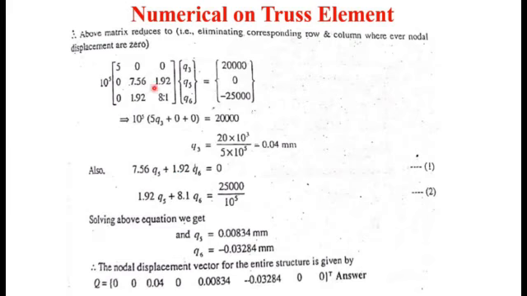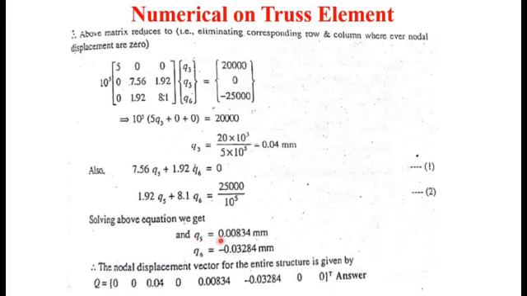And the third equation is 0 into q3 is 0, 1.92 into q5 plus 8.1 into q6 is equal to minus 25,000. So after solving these two equations simultaneously, we will get the values of q5 and q6. Therefore simplify equations 2 and 3 and calculate q5 and q6.